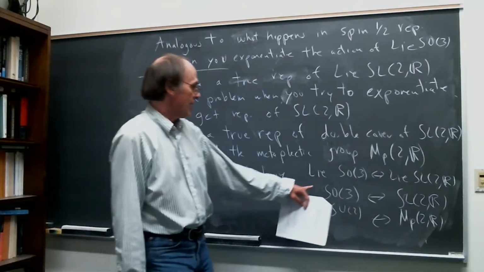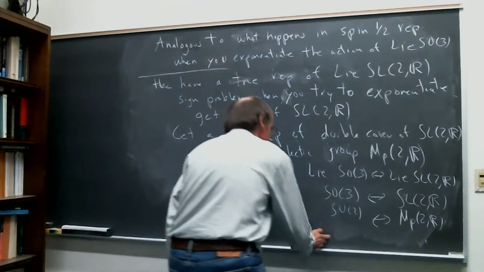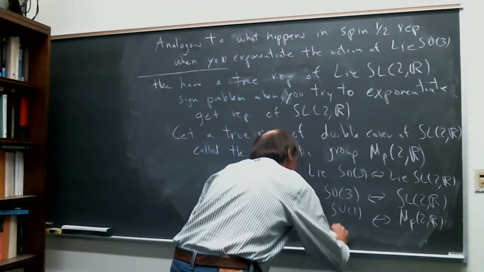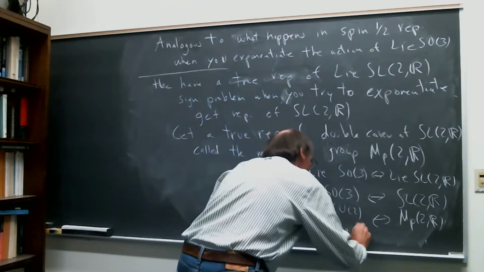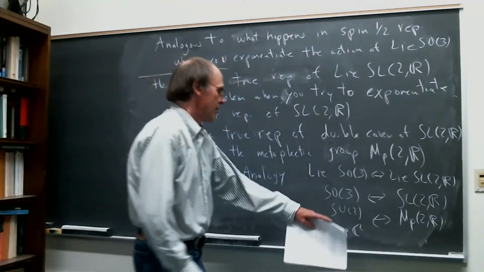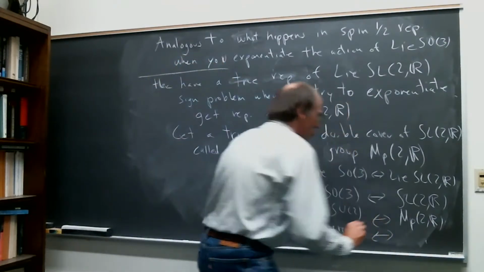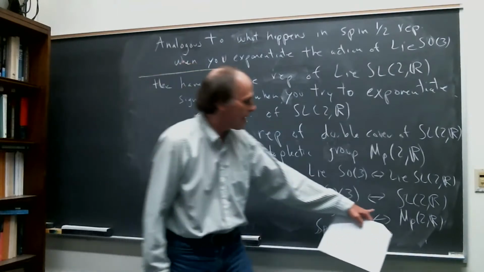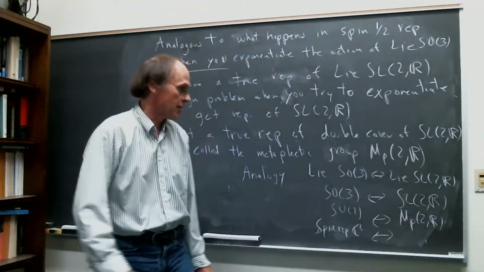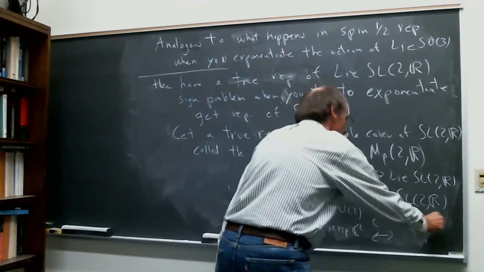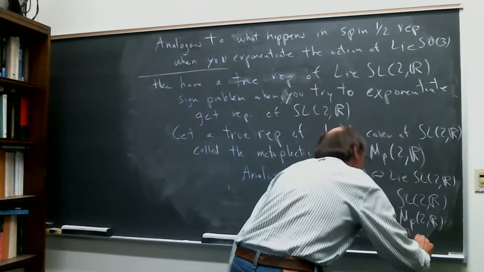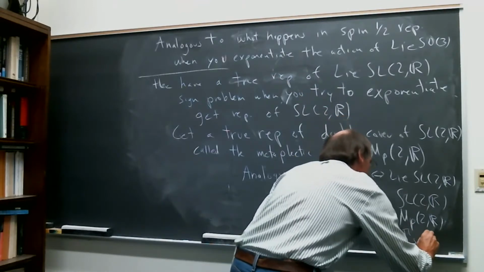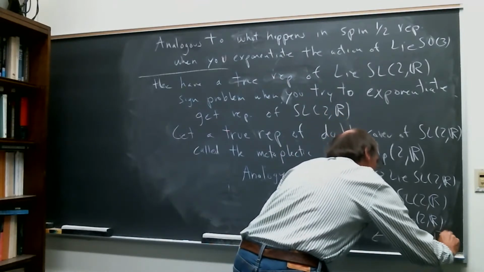And the analog here, you have the spin representation on C2, and here, why this is much trickier, is that you've got this infinite dimensional representation, gamma S, on L2 of R.